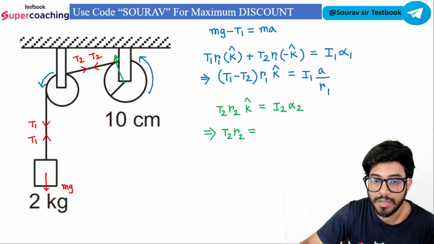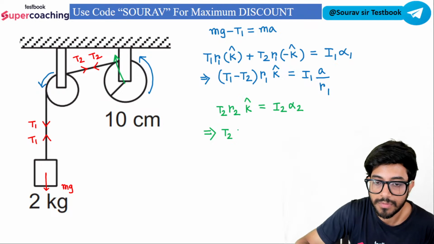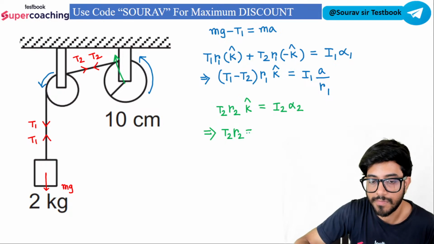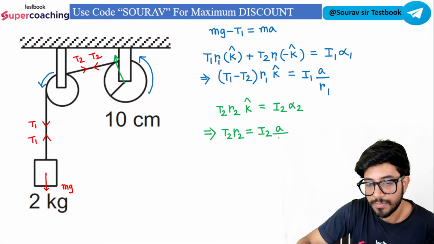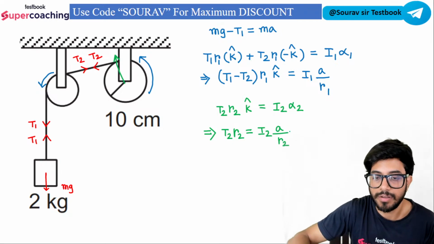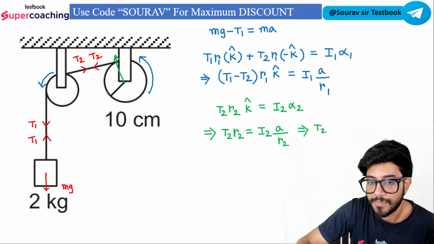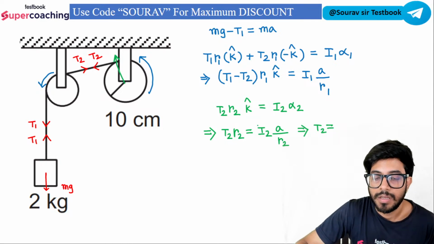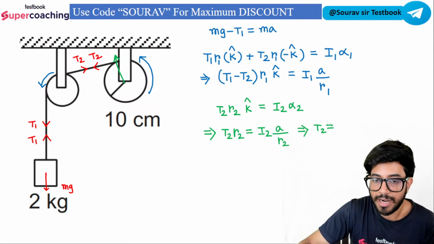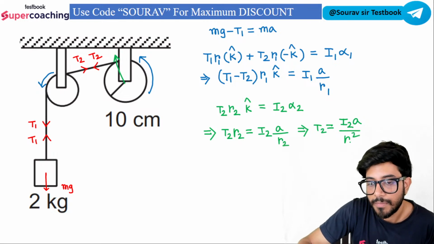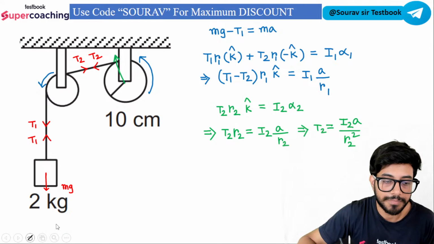T2 R2 should be, or T2 should be equal to, I2 into alpha 2, which can be written as A divided by R2. So bringing it to this side, you're going to get T2 is I2 into A by R2 square.